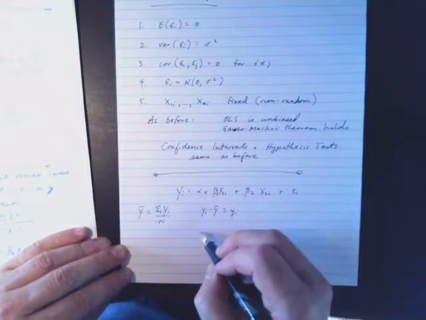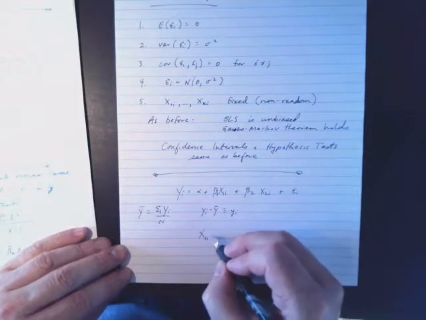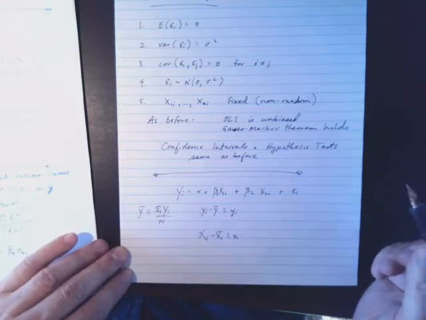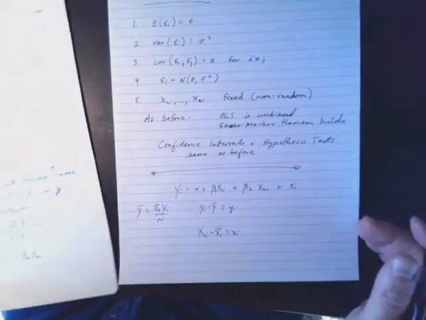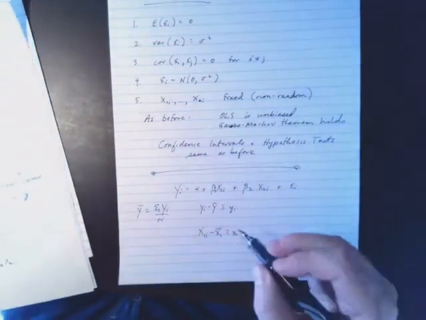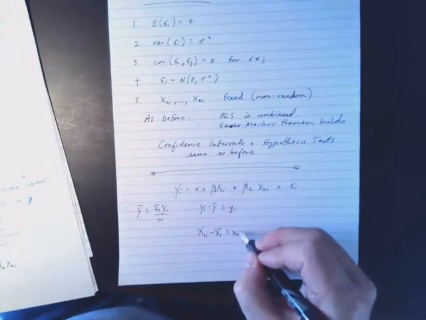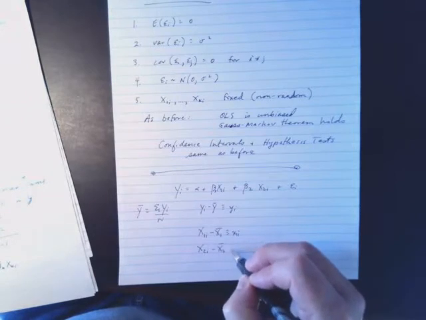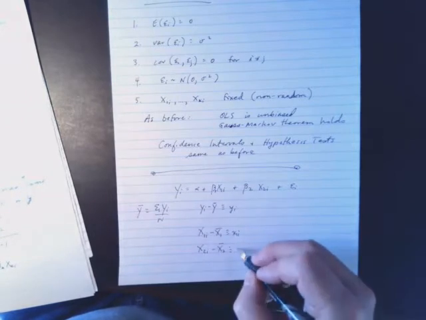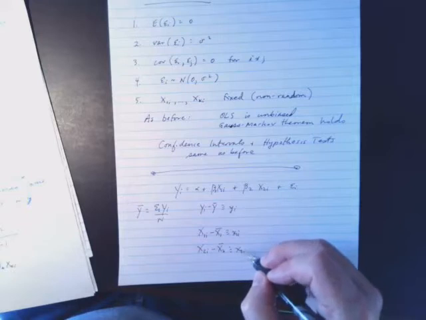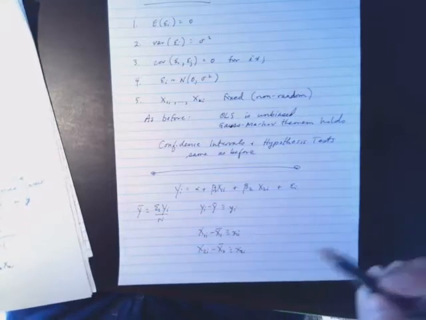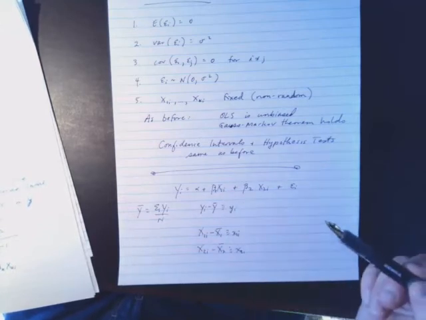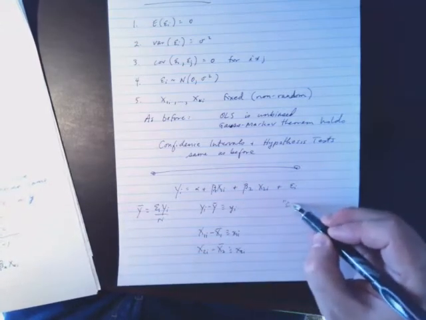And similarly with the x's, we'll call it little x, x1i, and the same thing for x2. So little x just means the variable minus its mean, and this is called centering.